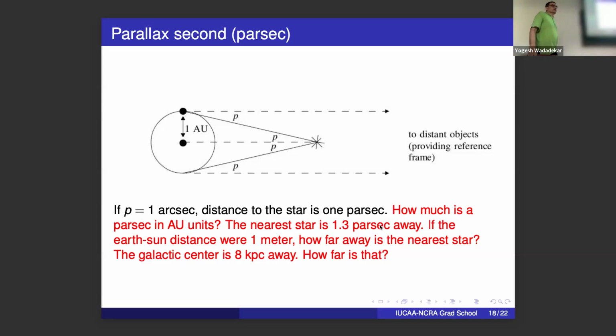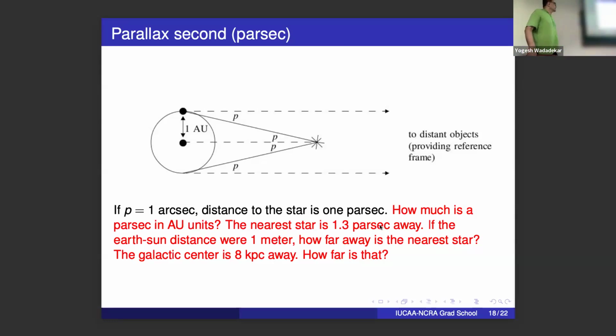So how will you convert arc second to radians, or radians to arc second? 180 by pi into 3600 will be the number of arc seconds in 1 radian. 1 radian is 180 by pi degrees, right? So if you do that calculation, it comes out to about 206265. That's the answer. So 2,06,000 AU is 1 parsec.